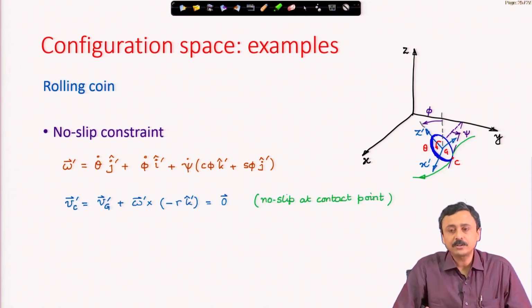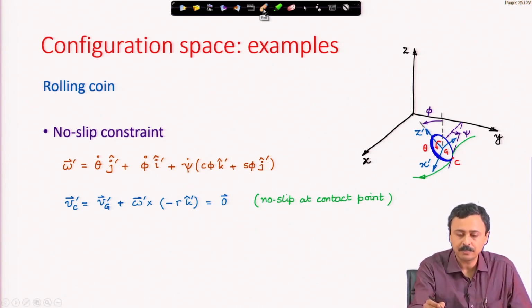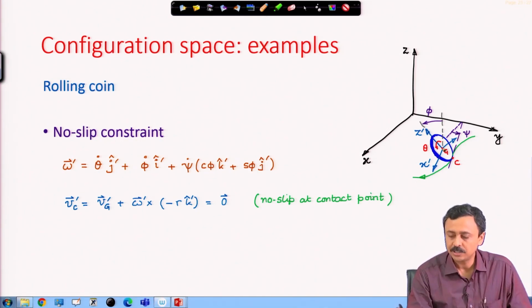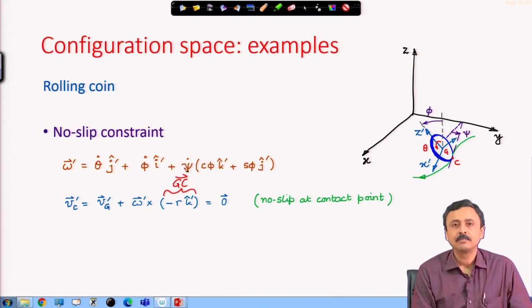Now, the velocity of that contact point in this x prime, y prime, z prime frame, V c prime, is V g prime plus omega cross minus r k prime cap, the velocity of the center of mass plus omega cross the vector g c, everything in that primed frame.